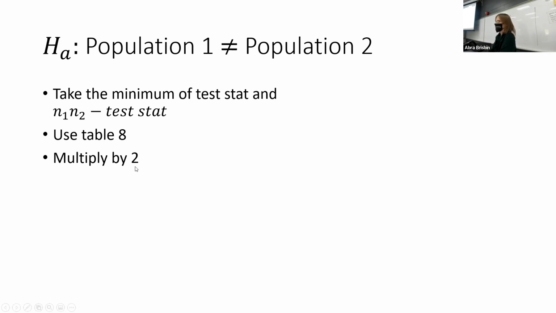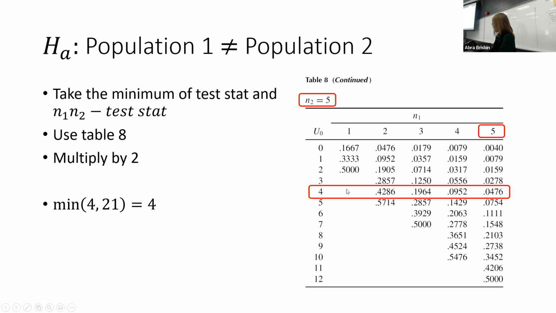And then we multiply by 2 to get the p-value. So here, the minimum of 4 and 21 is 4. And using the table, we saw that 4 corresponded to 0.0476. So our p-value for a two-sided test is 0.0476 times 2, so 0.0952.